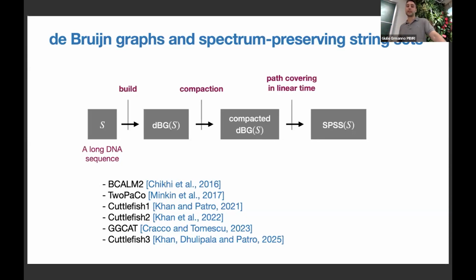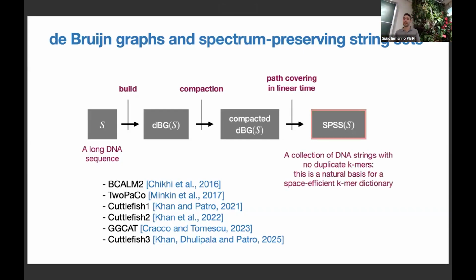So they are very, very fast and efficient. And from the compacted de Bruijn graph, they compute this path covering in linear time or almost linear time, like n log n time, but this is still fast. And finally, they output this collection of strings, okay? This SPSS with no duplicate k-mers. And these algorithms include BCALM2, Tupaco, the Cuttlefish papers, and GGCAT is also very, very fast, is written in Rust.